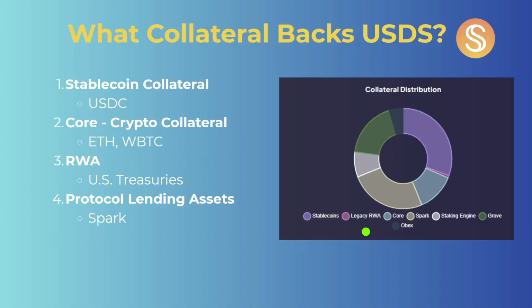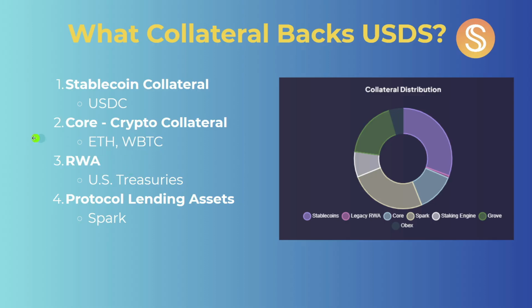So what is the collateral that backs USDS? Mostly, as we can see in the graph, stablecoin collateral, so USDC; then core or crypto collateral, ETH and wrapped Bitcoin, it is this part here, core.